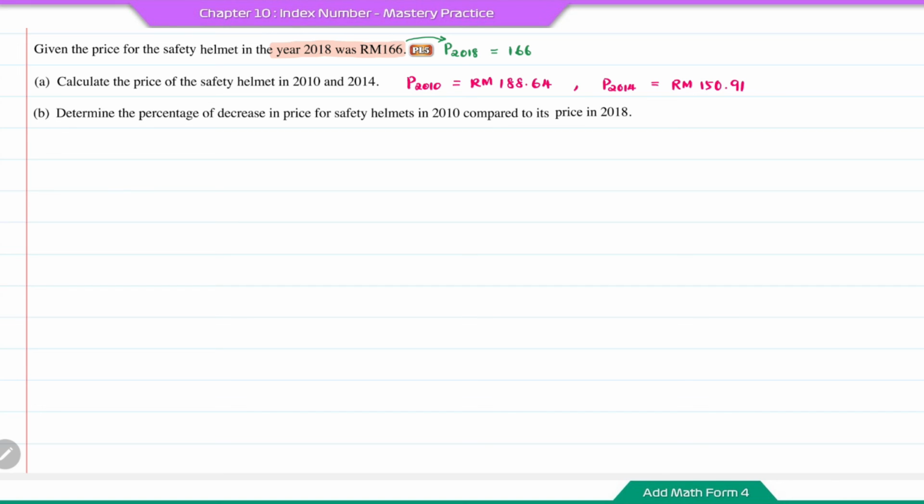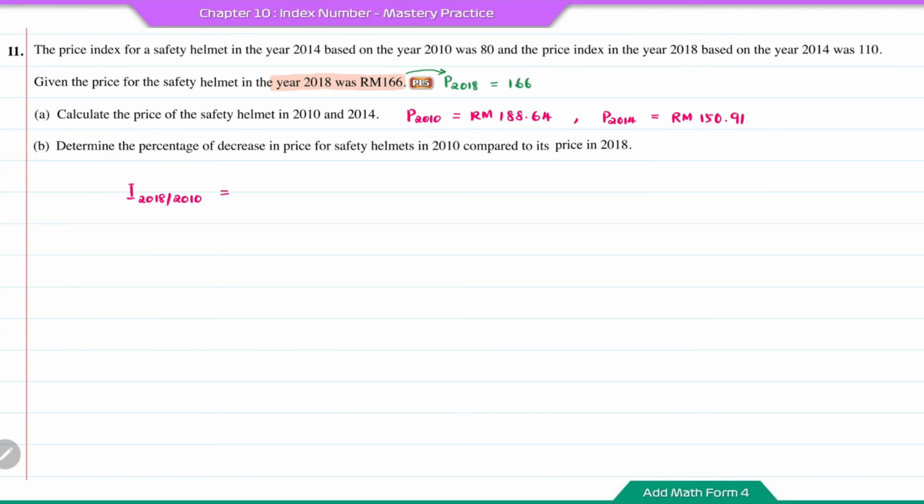Question B. Determine the percentage of decrease in price for safety helmets in 2010 compared to its price in 2018. To find the percentage of decrease, first we're going to find the price index. To find the price index in the year 2018 based on 2010, we're going to take the price in the year 2018, which is 166, and divide it with the price in the year 2010, which is 188.64, and multiply this with 100.